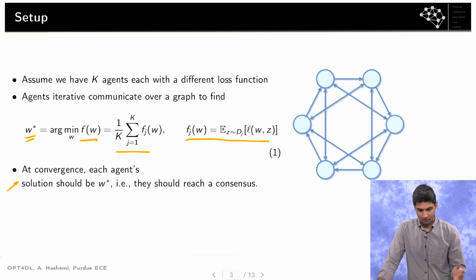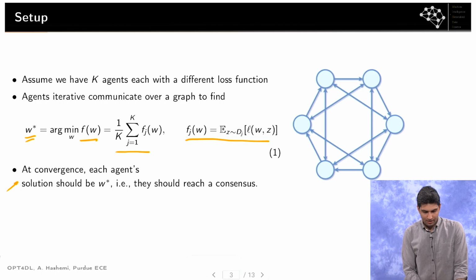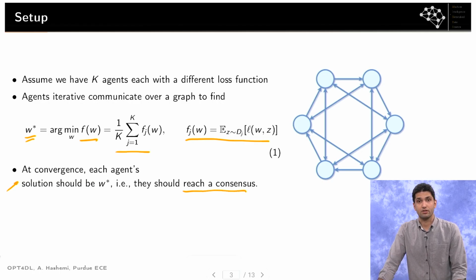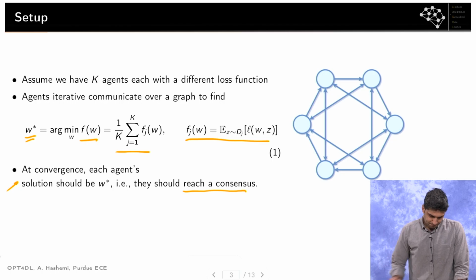When our iterative communication algorithm ends, we want everyone to hold the same model. Essentially, that means that they should reach consensus, they should reach an agreement at the end of the training.